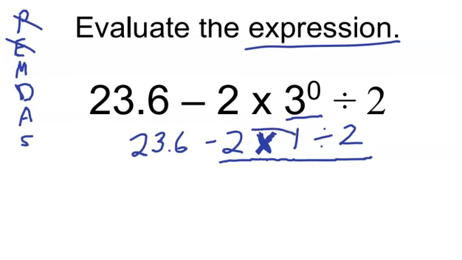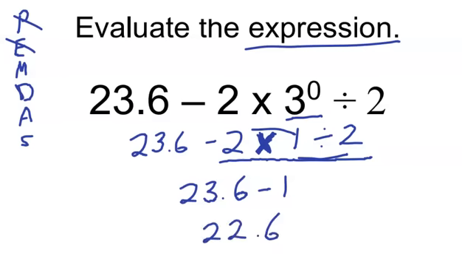Well, 2 times 1 is 2. And then if we divide 2 by 2, we get 1. So now we're just left with 23.6 minus 1. Well, that's not too bad. 23 minus 1 is 22. So the answer is 22.6. Okay, so there's our answer for that one, 22.6.